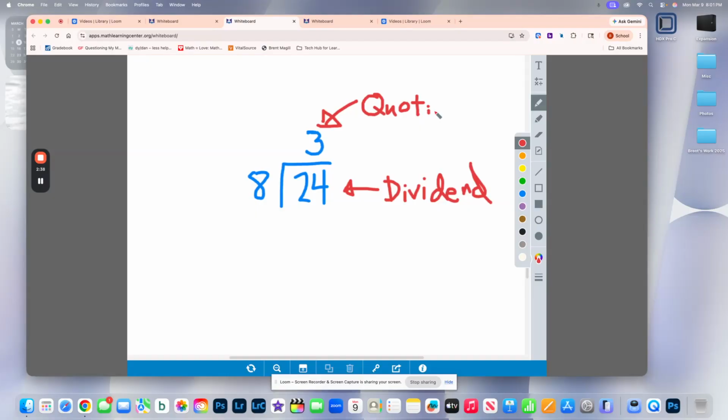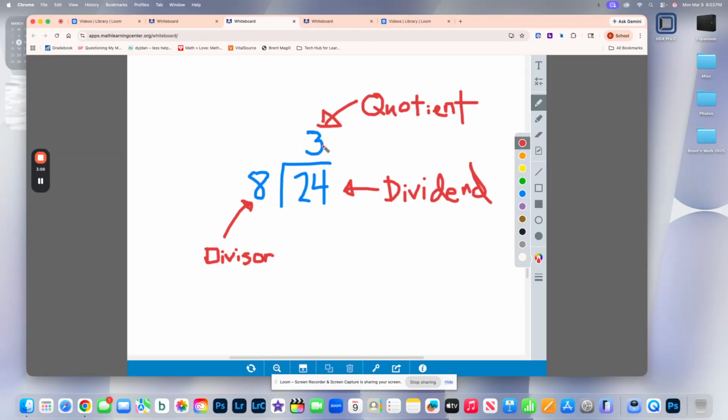And then we're dividing 24 by 8, so 8 is the divisor. Let me write that down. All right, so that is the whole division problem in a nutshell.